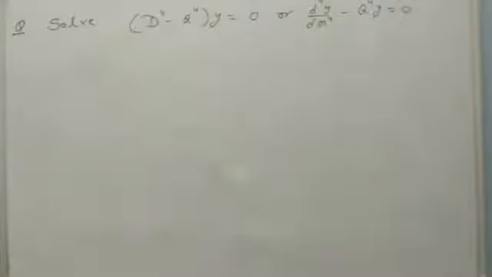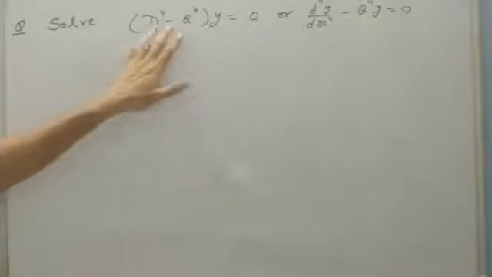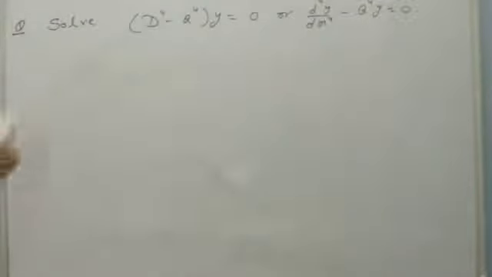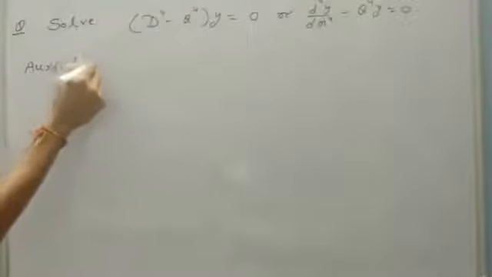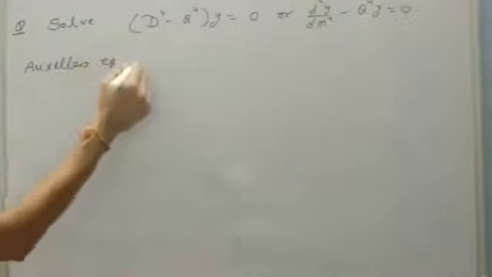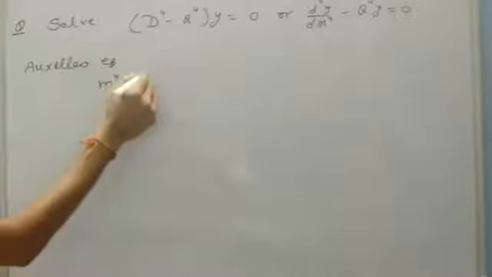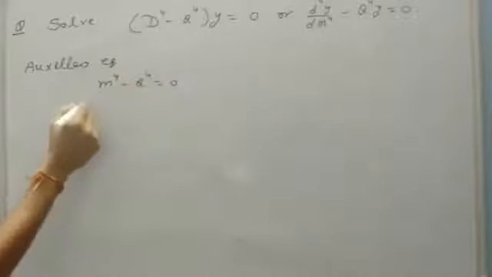Here is another question. Solve the equation D to the power 4 minus a to the power 4 of y is equal to 0. This equation can be written as this one also. So now the auxiliary equation, by putting D equal to m, I can say m to the power 4 minus a to the power 4 is equal to 0.